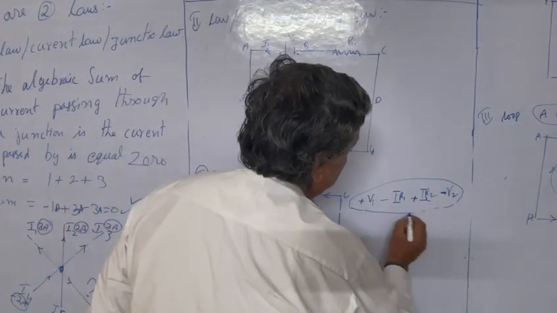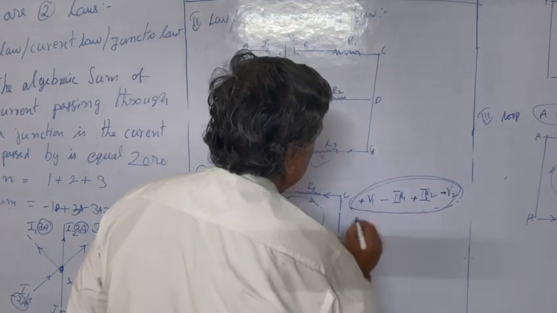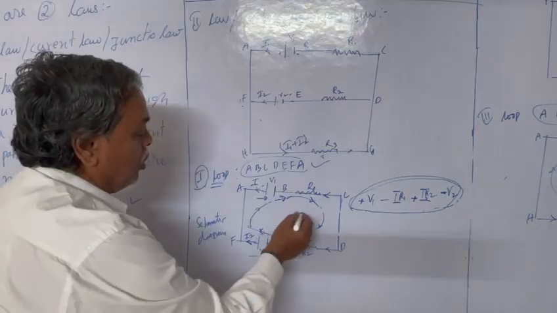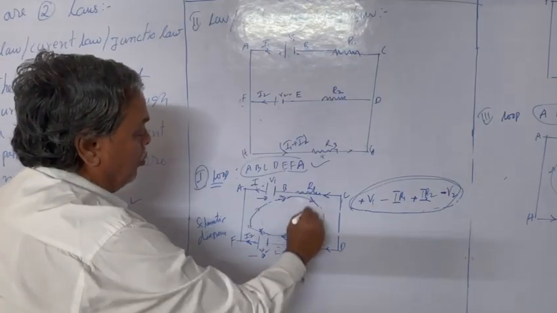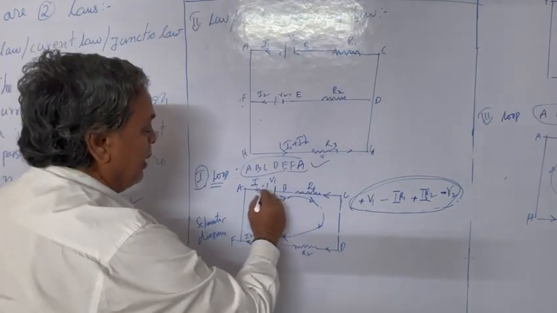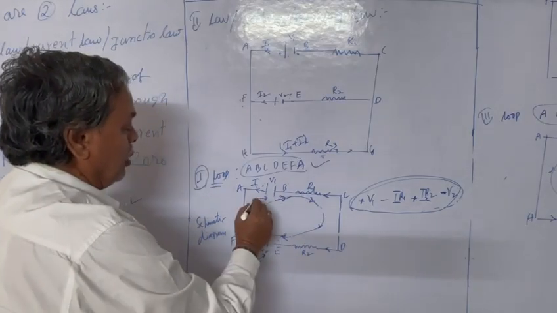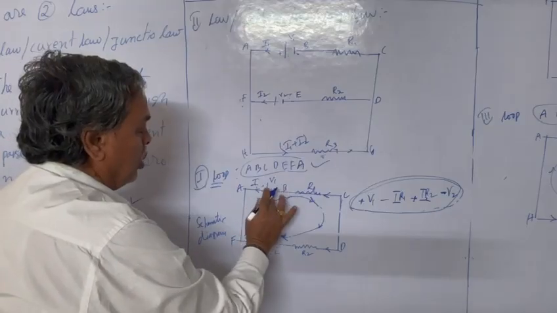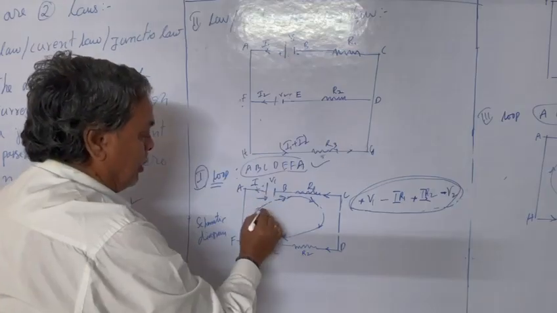This is the first loop you have to understand. I have drawn a clockwise loop inside, where the schematic diagram is. Here the current passes from the positive terminal to the negative terminal.